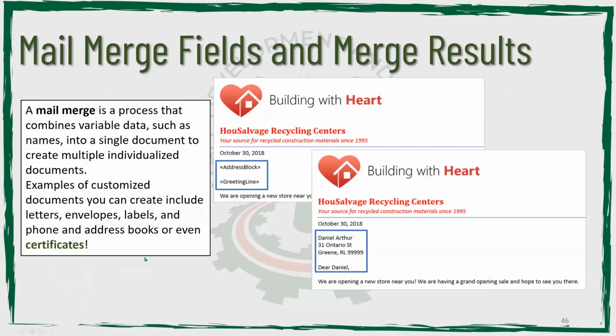So mail merge is basically a process that combines variable data, such as names, into a single document to create multiple individual documents. Examples for customizing documents: you can use this for letters, envelopes, labels, phone and address books, or even in this case, certificates.